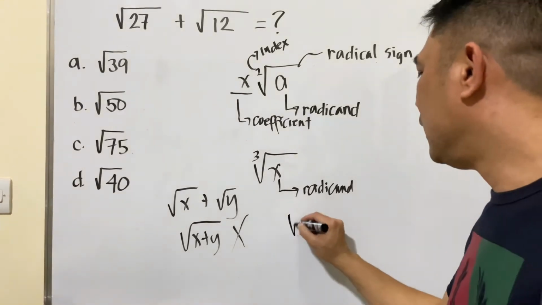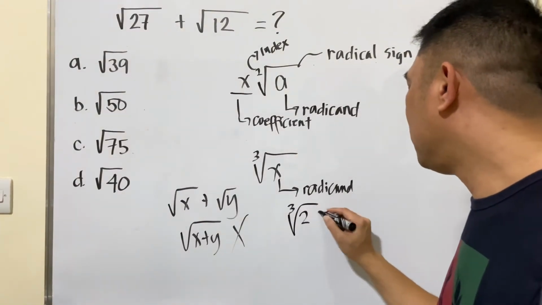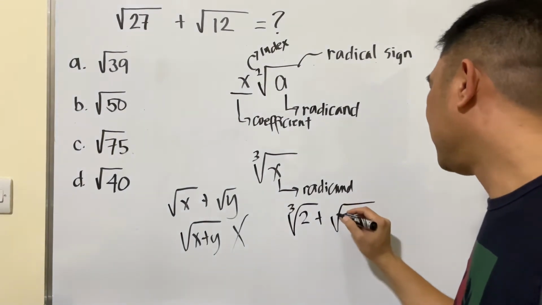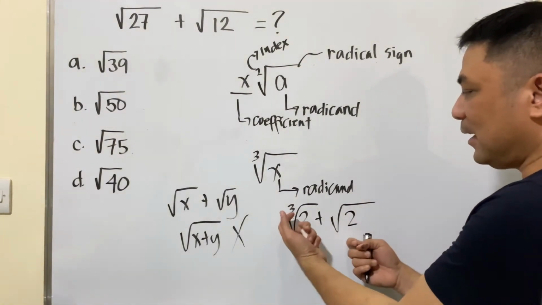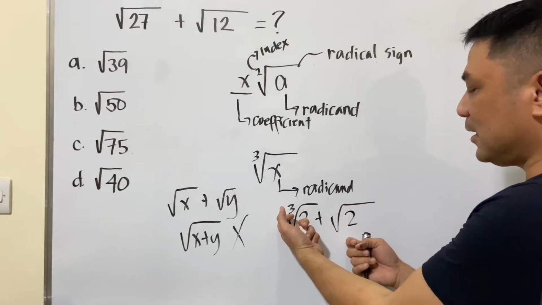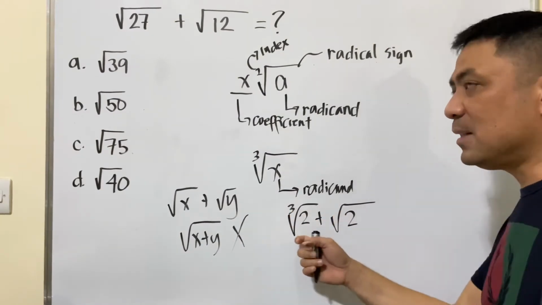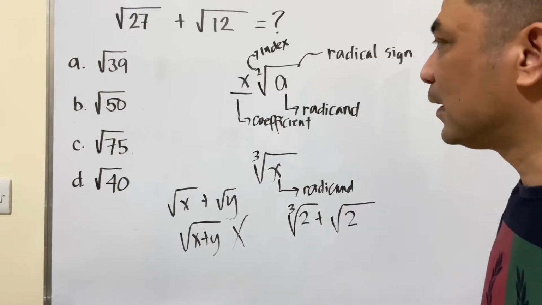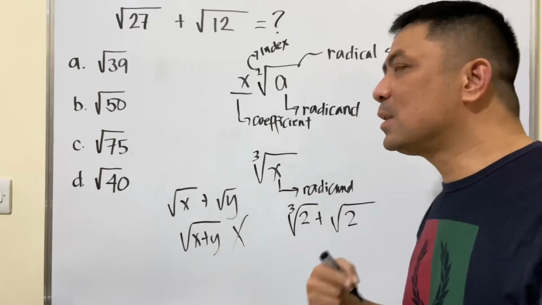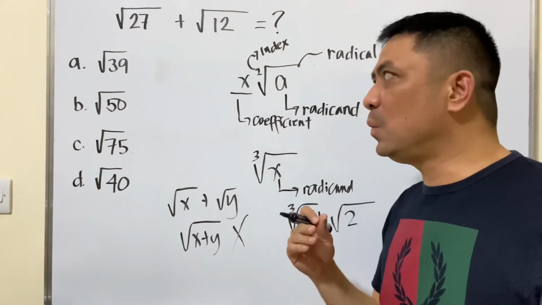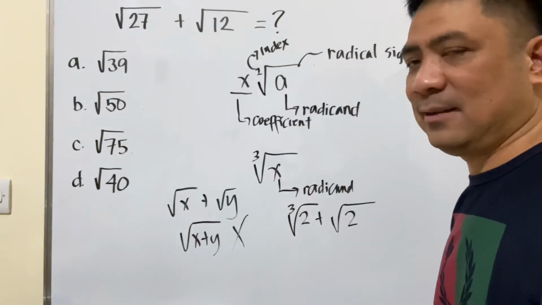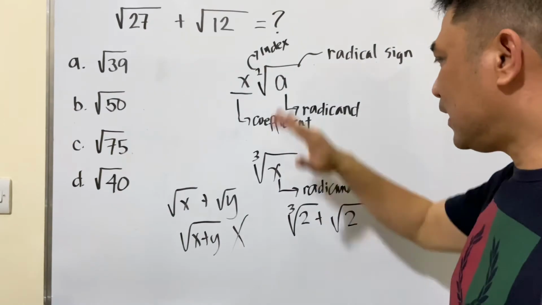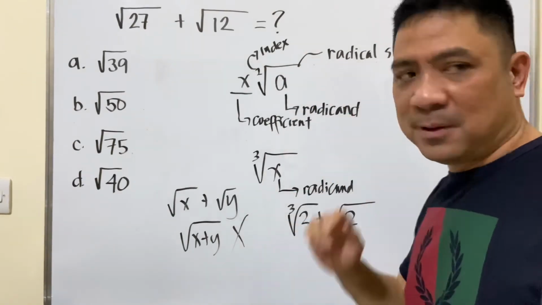For example, the cube root of 2 plus the square root of 2. As you can see, they have the same radicand, but they do not have the same index, so we cannot add these two. Those are the rules that we need to consider when we try to solve problems like this. I'll just erase this one, and then we'll proceed with the problem.